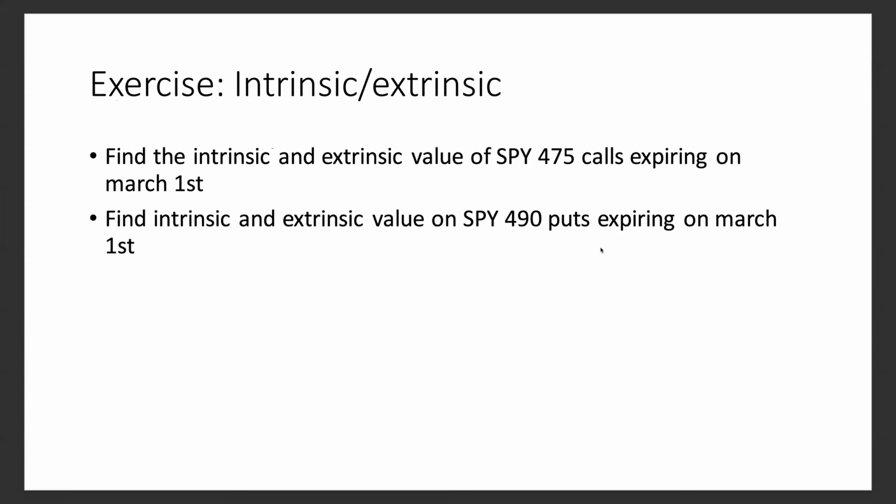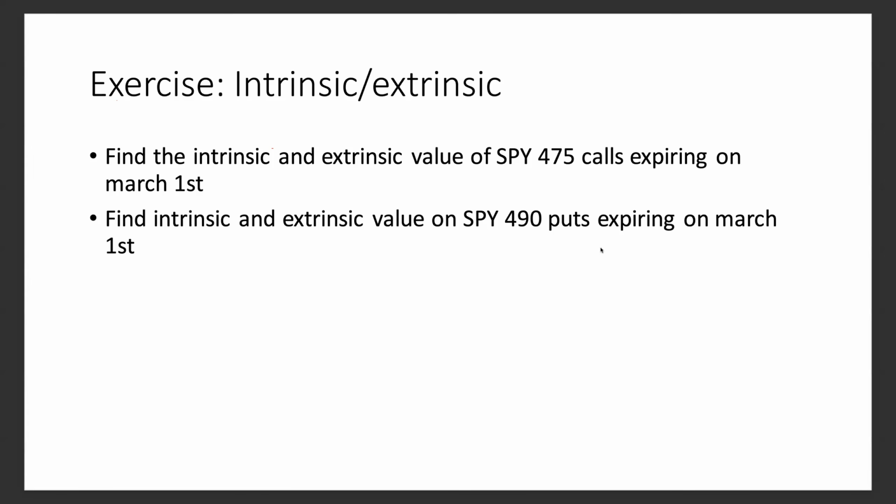So let's do a small calculation together to identify what's the intrinsic value on this contract and what is the extrinsic value on this contract. All right. So what's the current price of SPY? If you're having 24/7, don't worry about it. The current price, which they closed on, is $482.